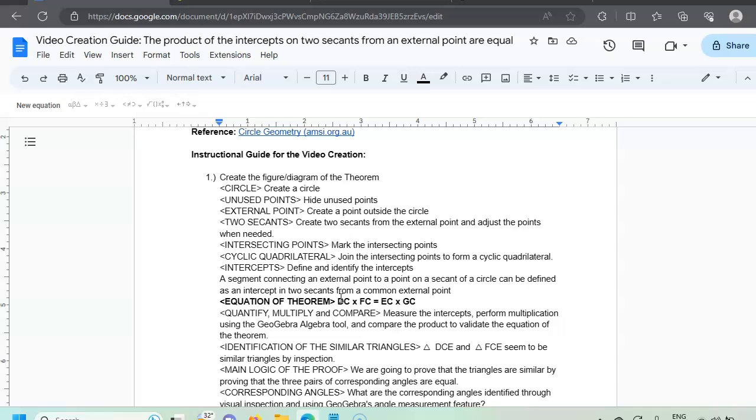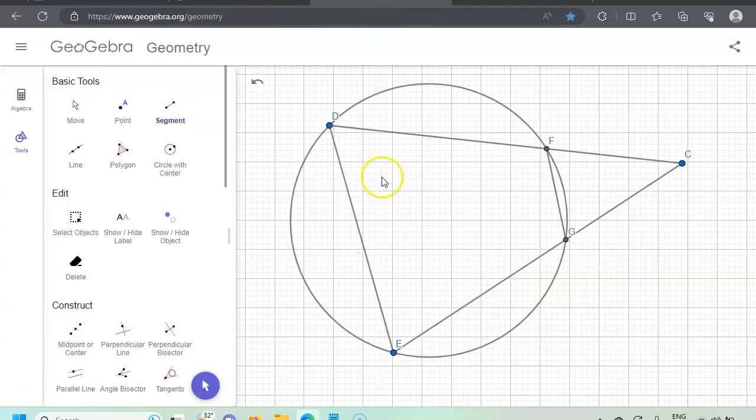So if we are going to have 2 secants in a circle and an external point, when we say intercept, it is a segment connecting an external point to a point of a secant on the circle. Okay, so this is a point at the circle, and this is the external point.